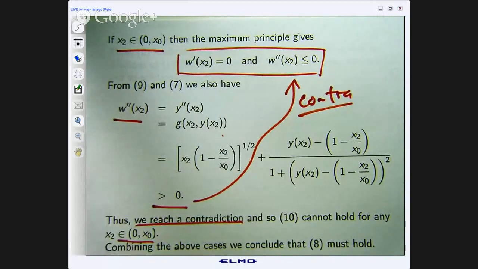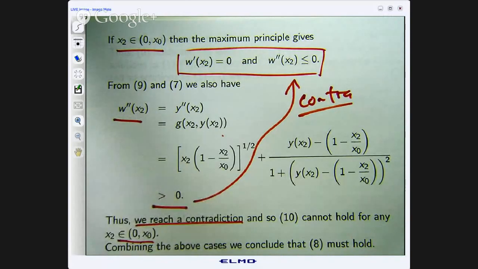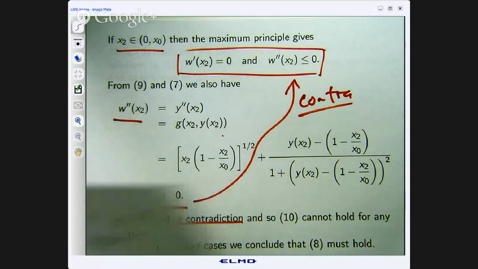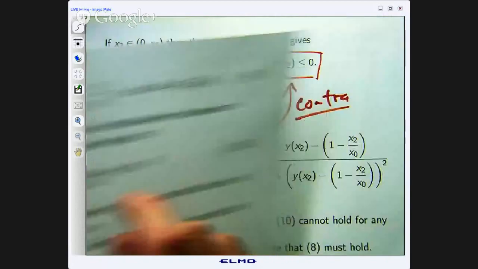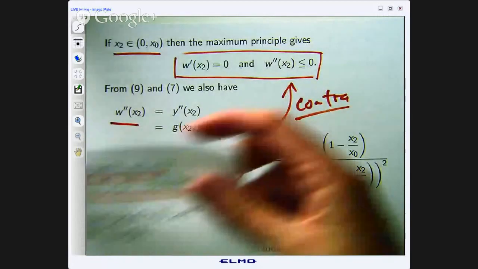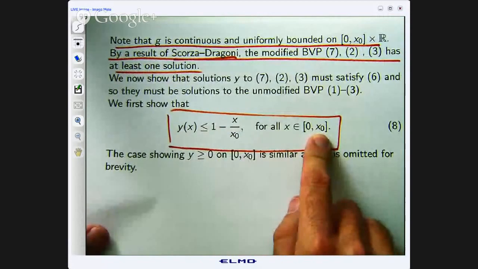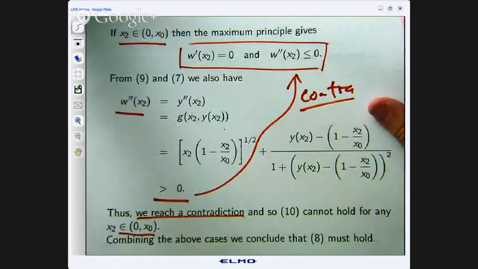So what do we know? We know that the initial assumption that we made must be incorrect. So this cannot hold. So what's the opposite of this? Well, it means that this must hold on the entire interval. Okay?